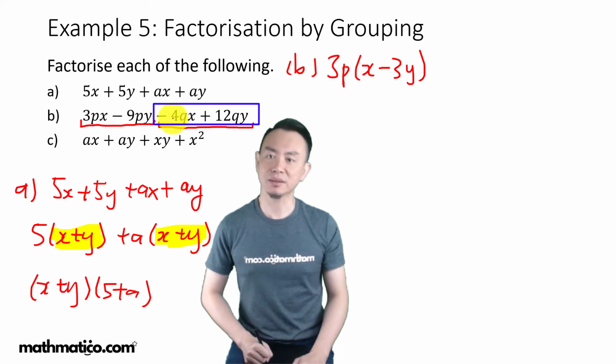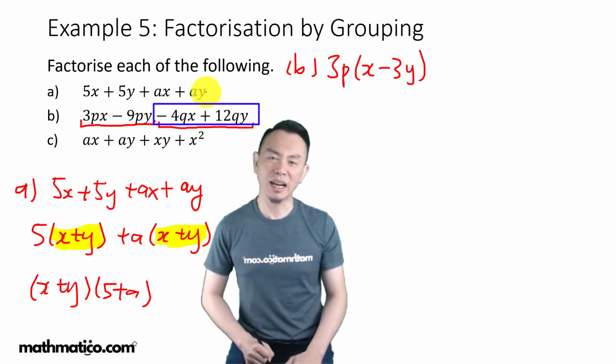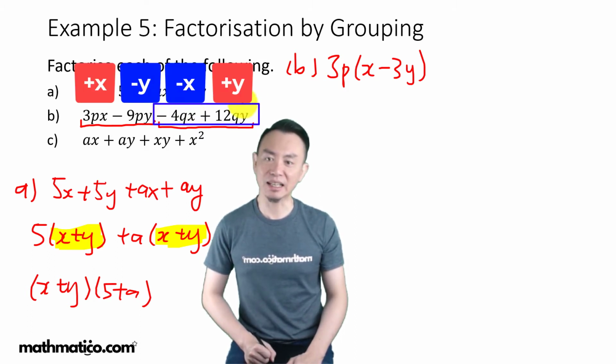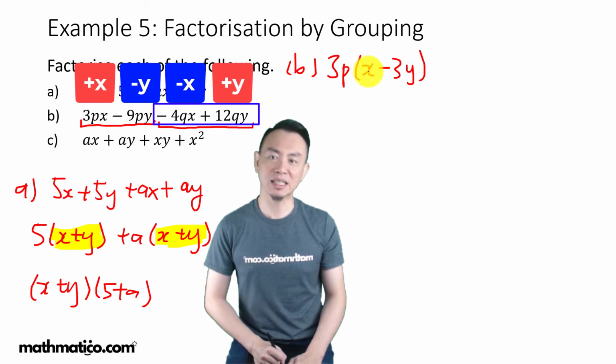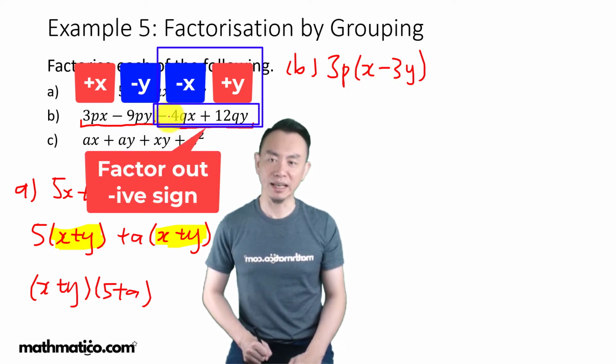Let's have a look at this. We have a negative term, a positive term, and then you have the x, the y. Now, you can kind of see the x minus 3y here already, except that, wait a minute, the sign is opposite. The x is negative, the y is positive. But here the x is positive, the y is negative. So I know that I have to factor out the negative sign.